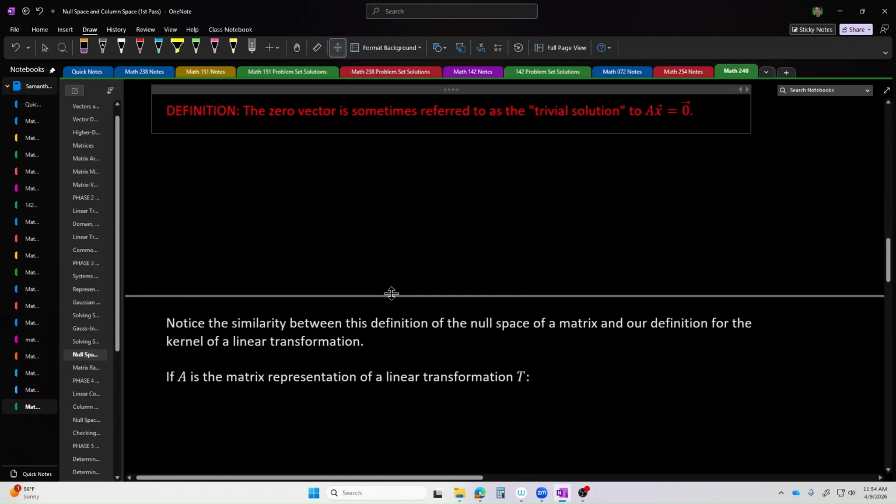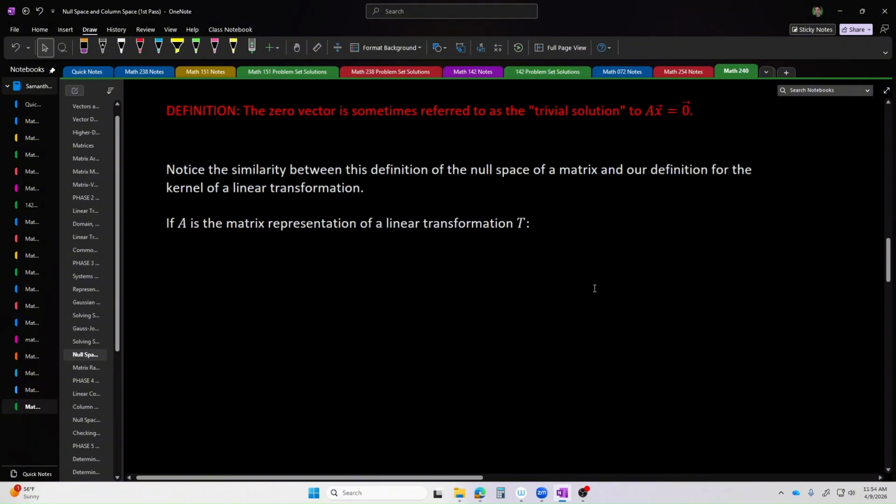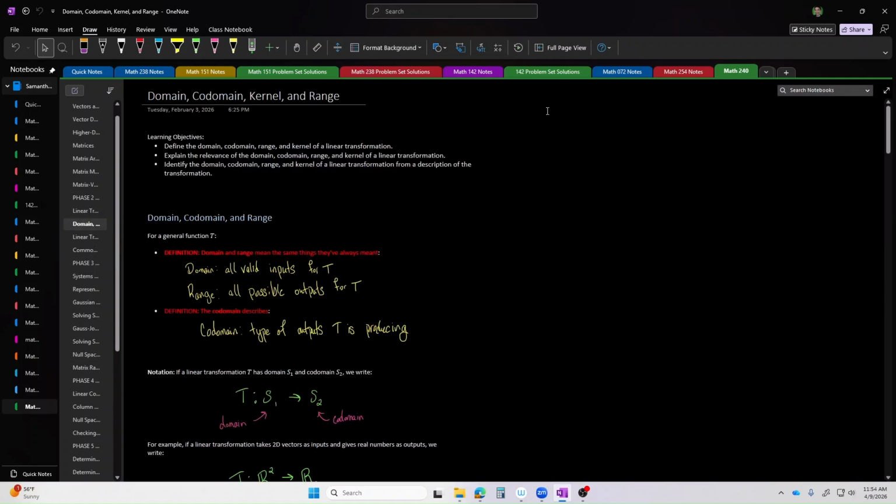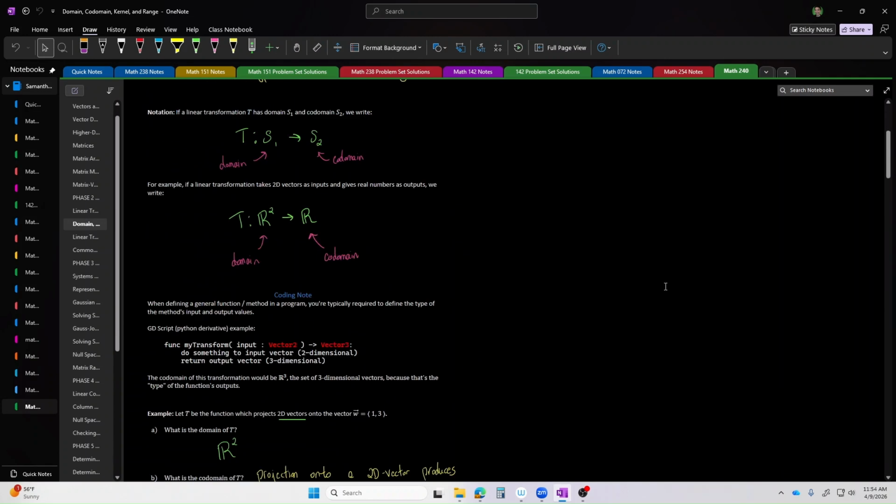Now, as we have been developing this definition of null space, some of you may have noticed that this definition of null space is quite similar to the definition of kernel that we introduced several videos ago, in the lesson on domain, codomain, kernel, and range of a linear transformation.